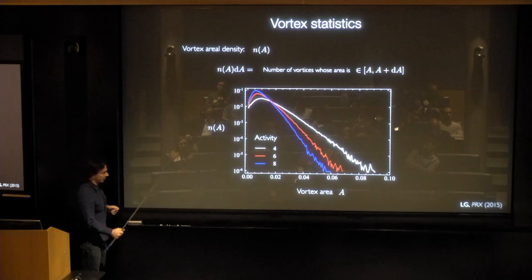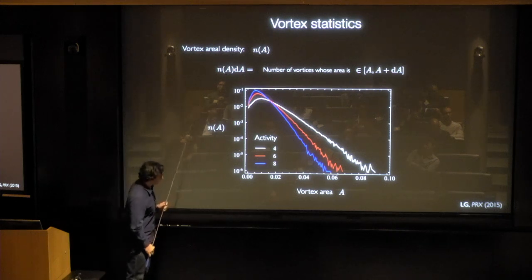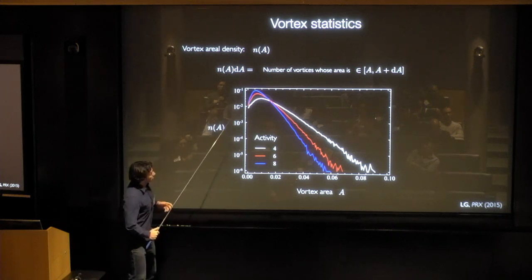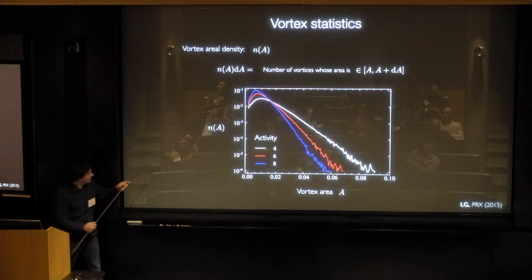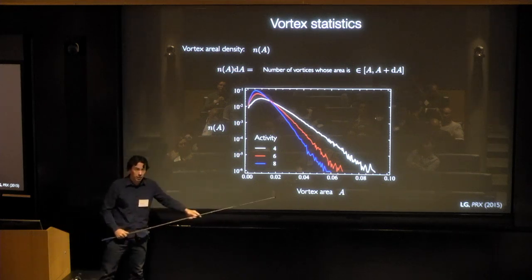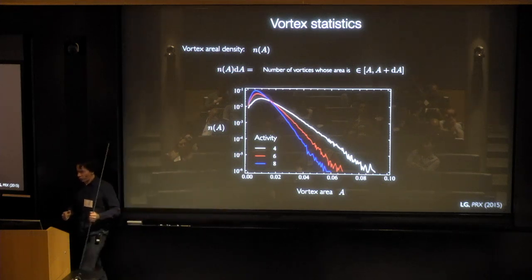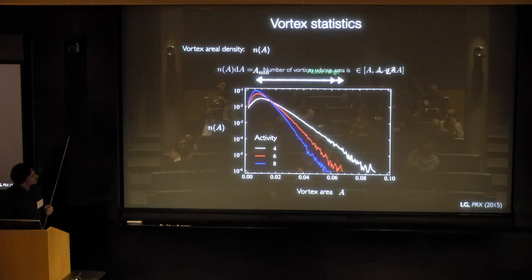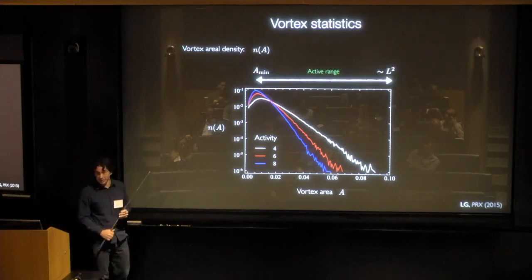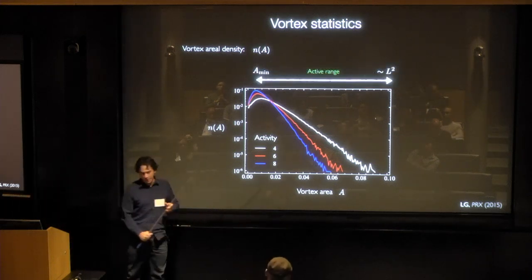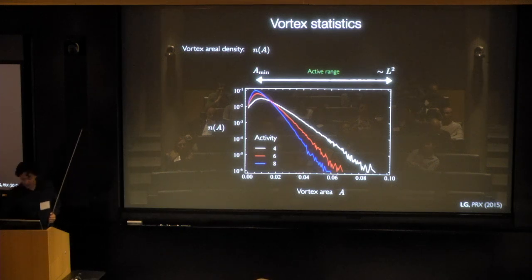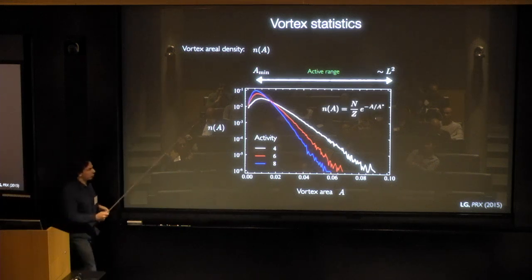This is a paper that I wrote in 2015. As you can see, this is a log-linear scale, so a straight line indicates an exponential distribution. So there is indeed a range of scales where this density is exponentially distributed, with the following functional form.